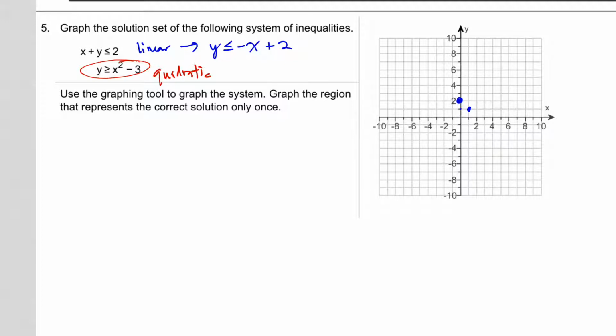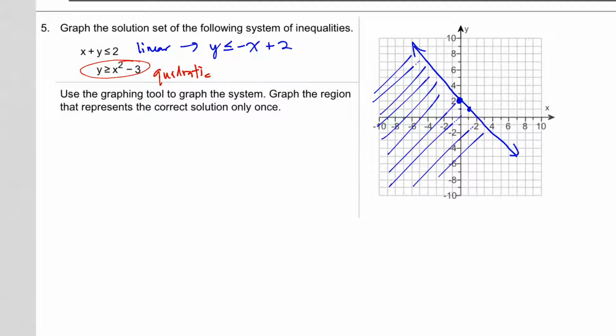And these are both equal to, so they're both solid. And it says less than, so I'm going to shade below. And then the other one is a quadratic that is shifted down 3 units, as such, and it's going to be shaded above.